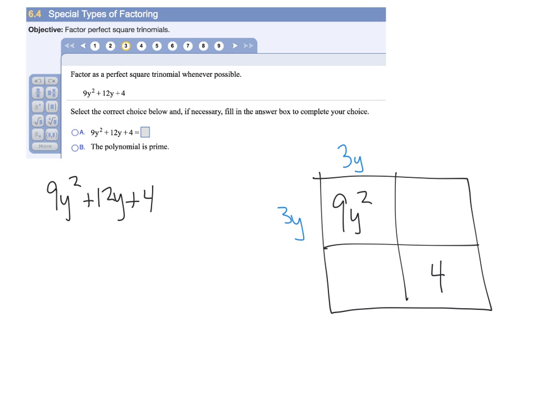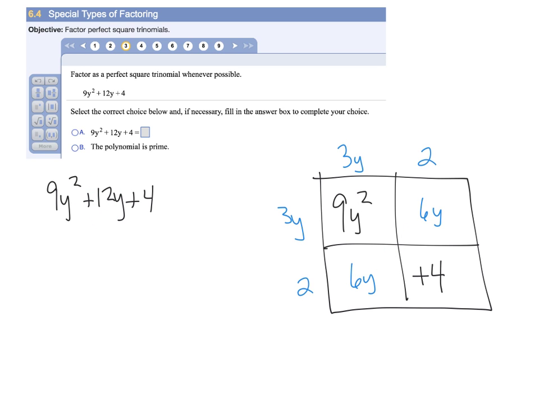And then similarly, 4 is 2 times 2. Yes, 4 could have been 1 times 4, but we're really going to start with squares. So now let's multiply. Oh, by the way, this is a positive term. Okay, so now we're going to multiply to get our internal terms. So that gives us 6y and 6y. Now, how can we combine these guys to get a positive 12y?